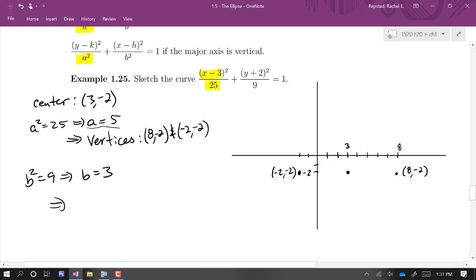Similarly, I'm going to get the ends of the minor axis by starting at the center and now going up 3 units and down 3 units. So if I go up 3 units, now I'm here at the point 3, 1. And if I go down 3 units, I'm at the point 3, -5.